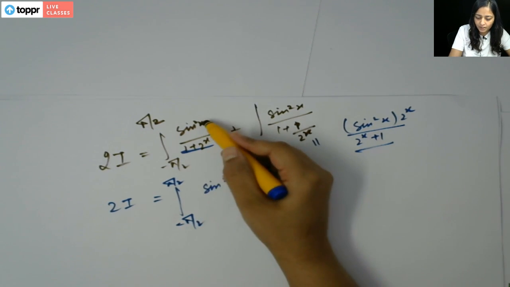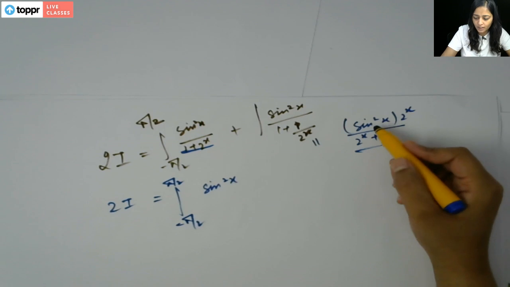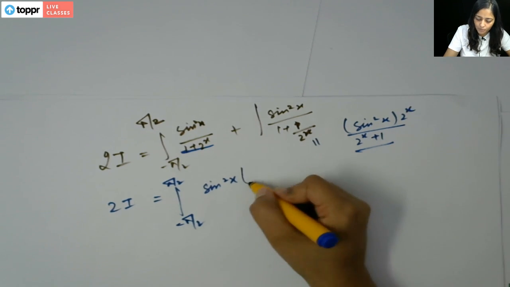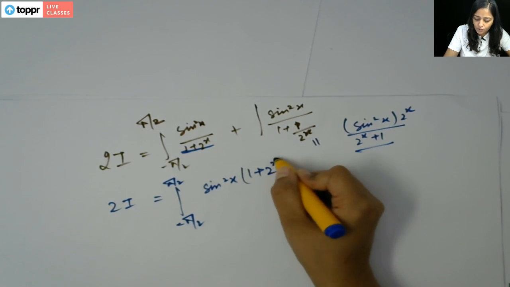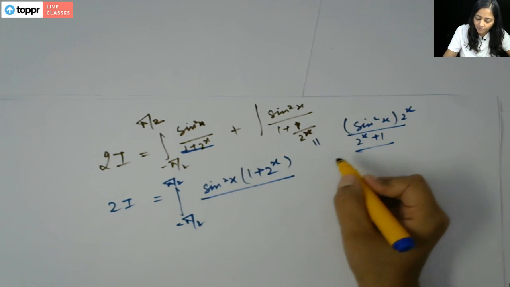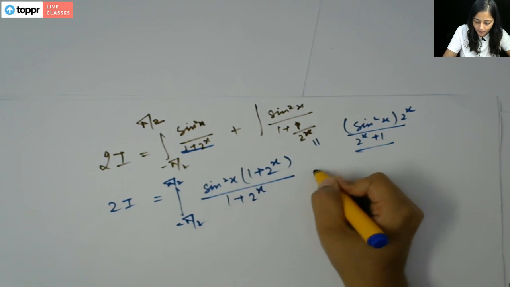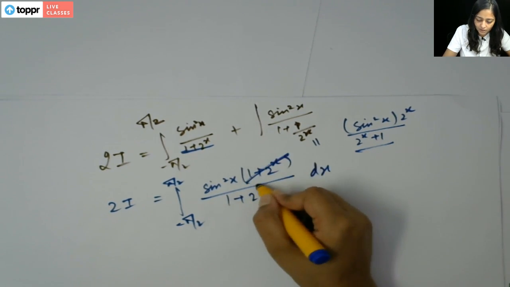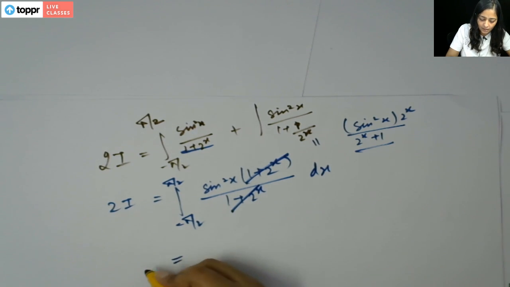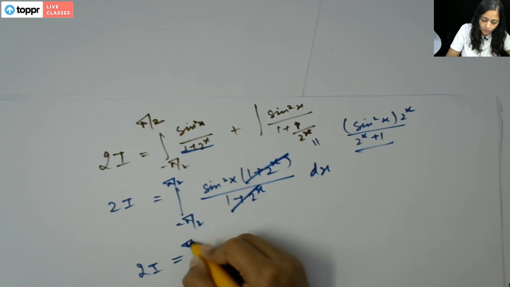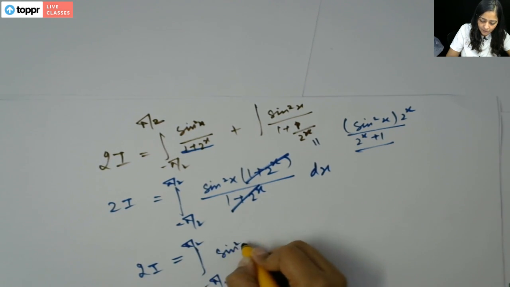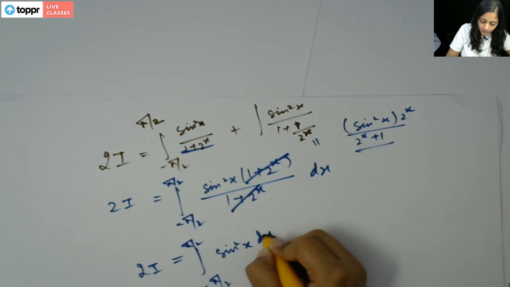Here the numerator is sin²x multiplied by 1 plus sin²x multiplied by 2^x, so we can write it as sin²x times (1 plus 2^x) divided by (1 plus 2^x) dx. Now this and this will get cancelled and we are left with 2I is equal to the integral from minus pi by 2 to pi by 2 of sin²x dx.